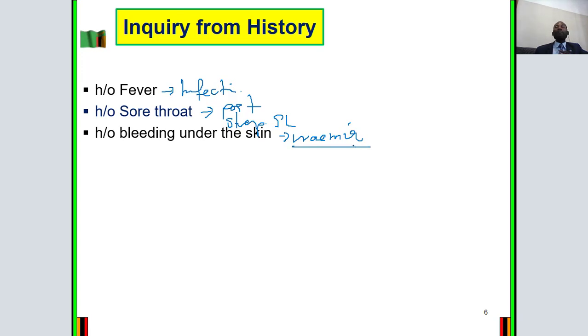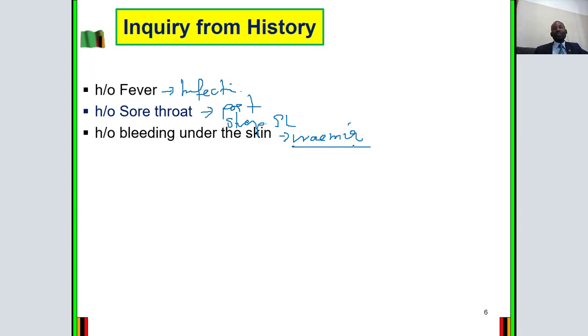Because uremia is able to impair the function of the platelets. Okay? And if the platelets are dysfunctional, destroyed, damaged, or reduced in number, it means there will be a problem with the bleeding. Okay? So you have to be very analytical. All right. Hope I'm making things very simple here.